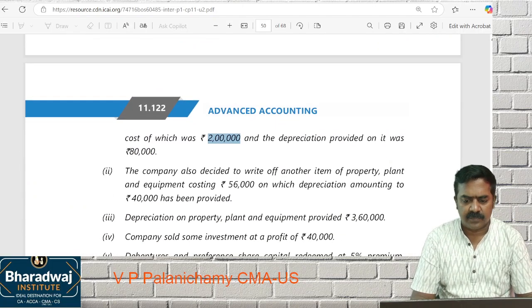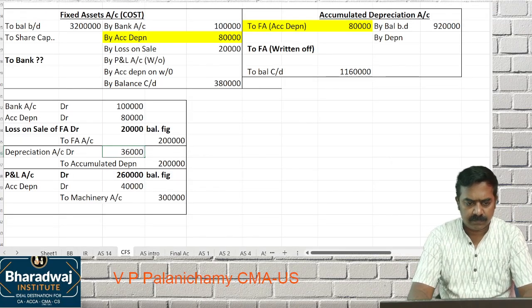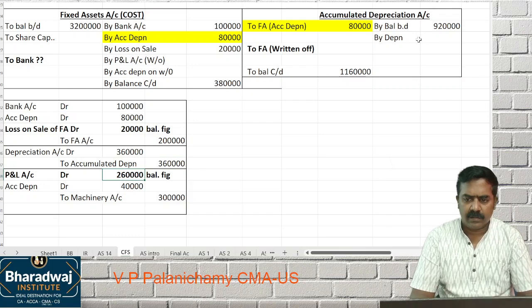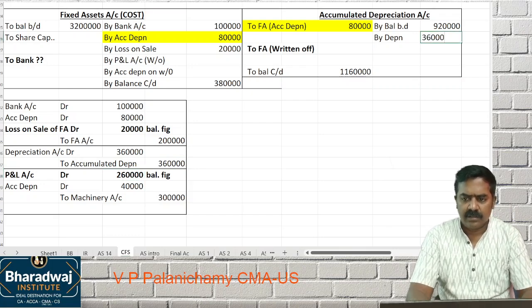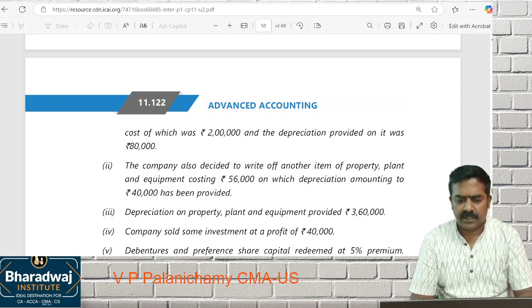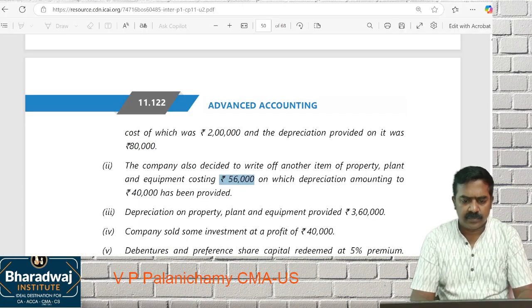Depreciation for the current year is given in the question. What is depreciation for the current year given? 3,60,000. This is current year depreciation. Then we want to write off an asset costing 56,000.